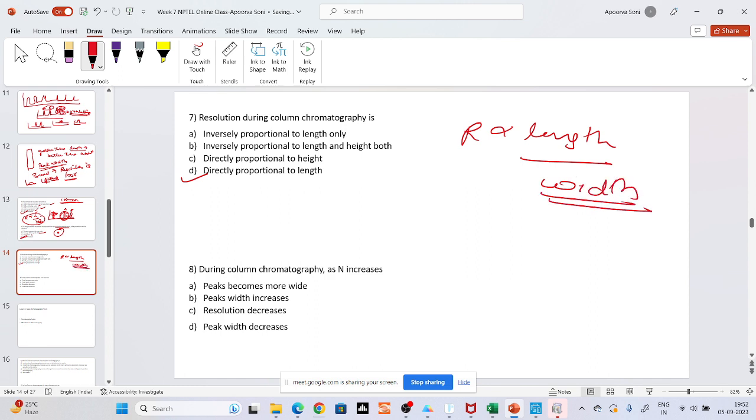Then the next question is, during column chromatography, as n increases, peaks become more wide, peak width increases, resolution decreases, or peak width decreases. Try to answer.